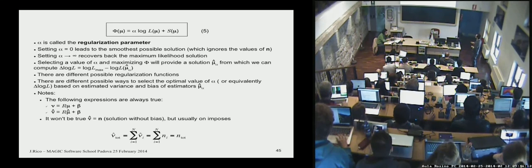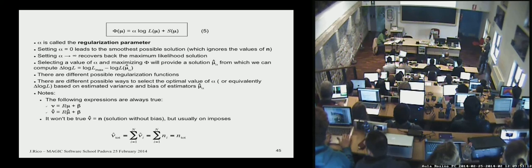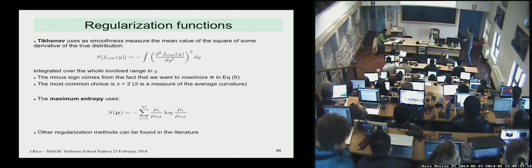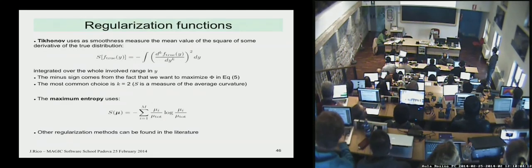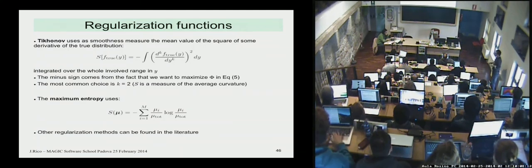What is normally done is to impose that the total number of estimated events, which is the sum of all the nus, is equal to the total number of events. Also, in order to keep the solutions close to this condition, it can be fixed or imposed by adding it to the likelihood. So a couple of regularization functions that are commonly used. First, Tikhonov.